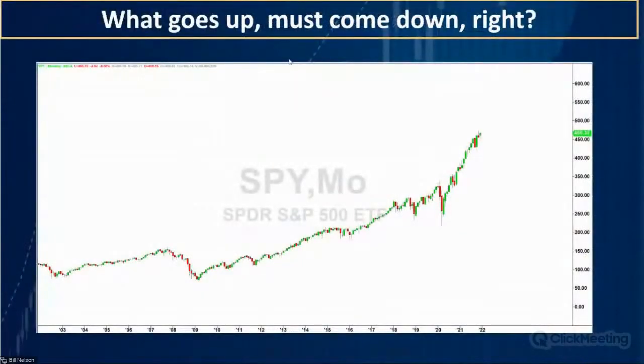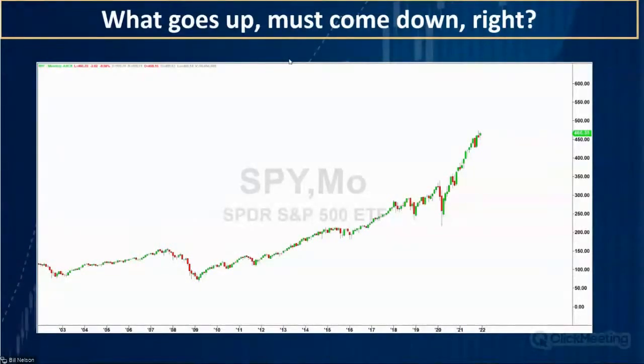So, what goes up must come down, right? That is maybe less true in the stock market, but as we've seen, we've had a nice run up in the overall stock market, which the SPY is our best example of.